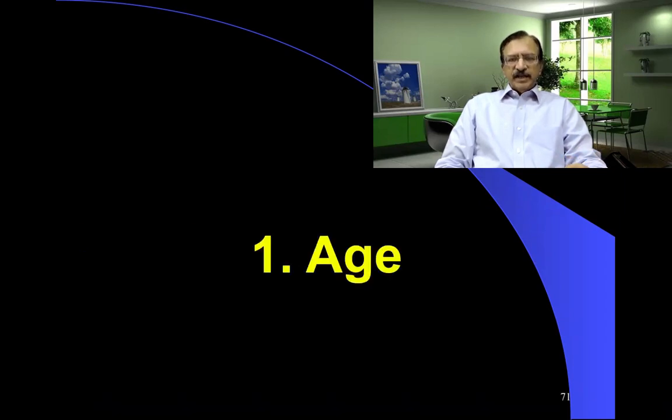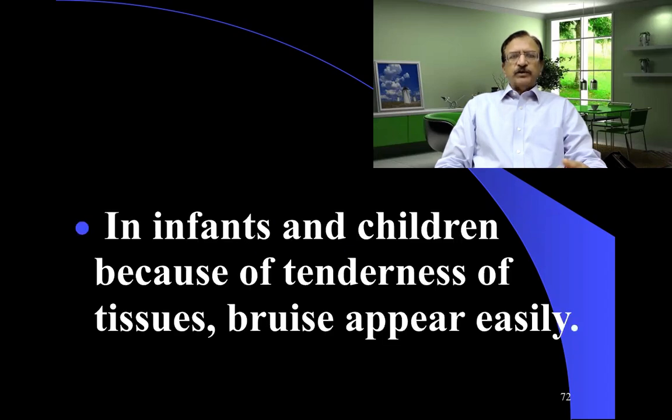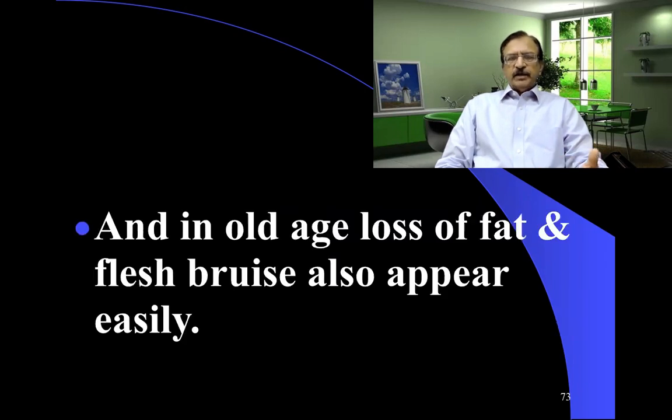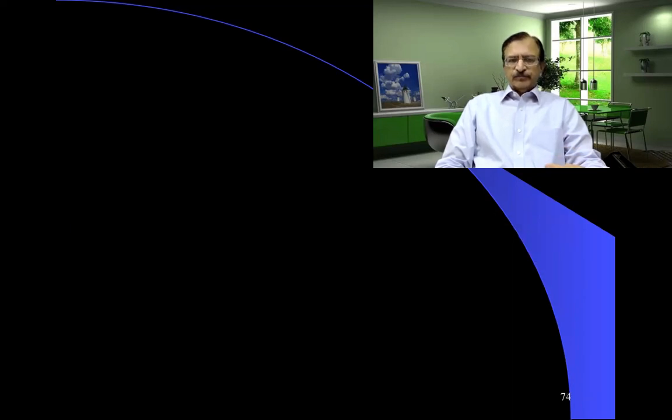Regarding the age, as we very well know, the infants and the children, because of the tenderness of their tissues, bruise easily as compared to adults. And similarly, old individuals, as they are having less fat and flesh, bruise also as easily as the infants.